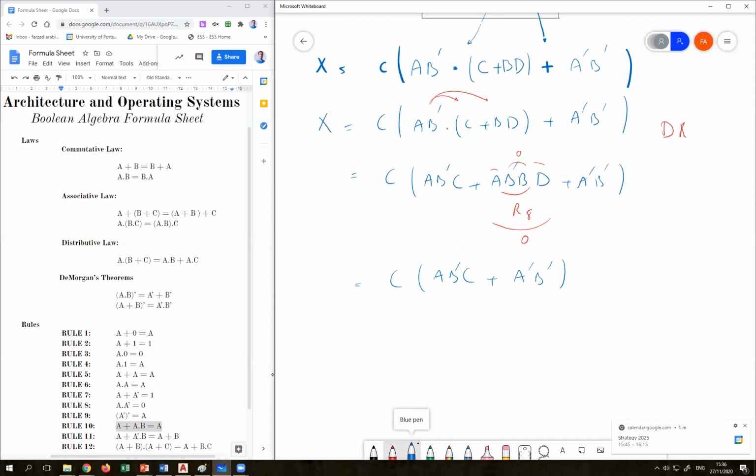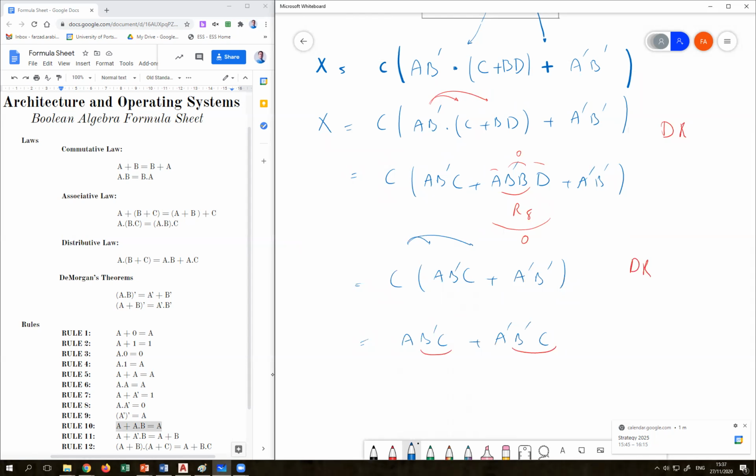Again, I use the distributive rule. What does the distributive rule tell us? Multiply: A, B naught C plus A naught, B naught C. That's perfect. What I see here is that I've got a common factor of B naught C. I use the distributive rule again, but to take a common factor.